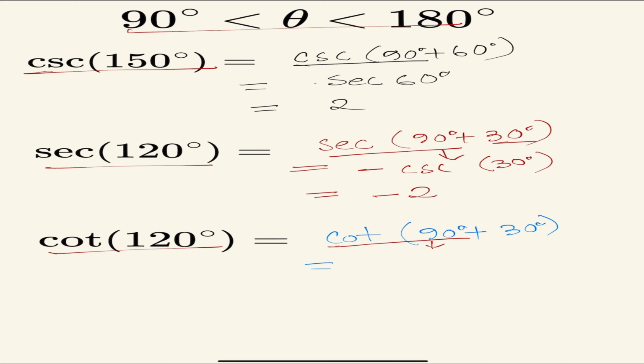So if we change the function, what do we get? We get tangent 30 degrees, and it's going to be negative. What is tangent 30? Tangent 30 is square root 3 over 3, so the answer is negative square root 3 over 3.